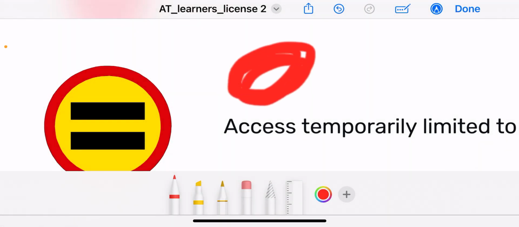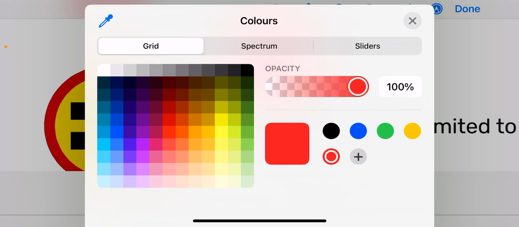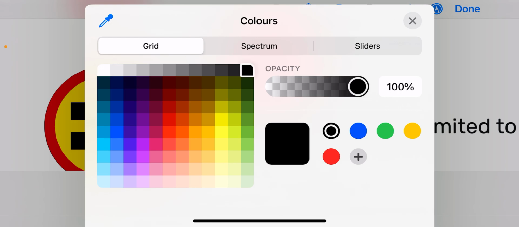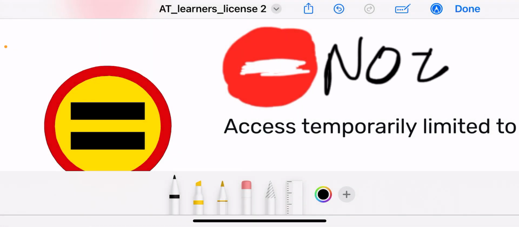You have this. Okay, you have this. Sorry, give me some time. You have this. This is no entry. Okay, this one is what? No entry. This one, no entry.